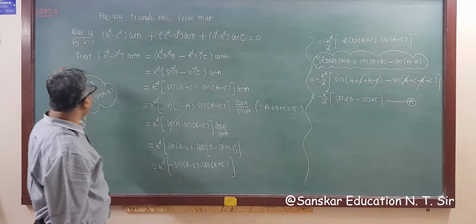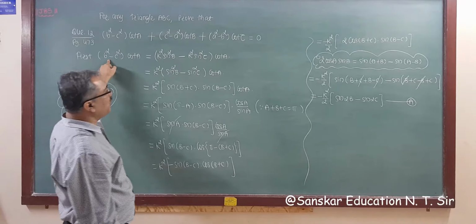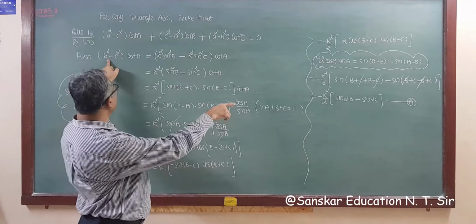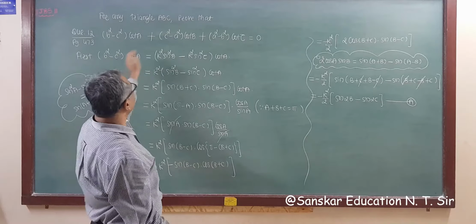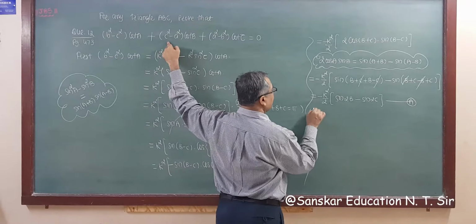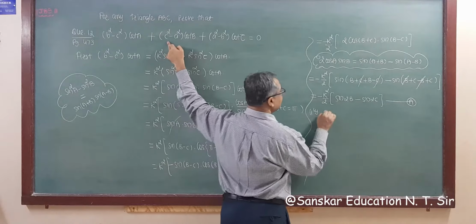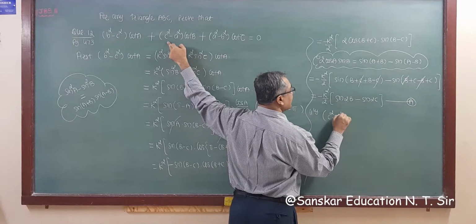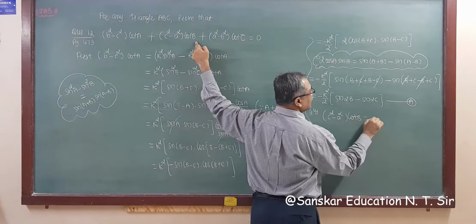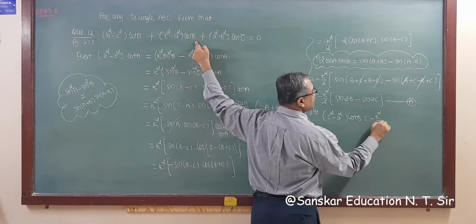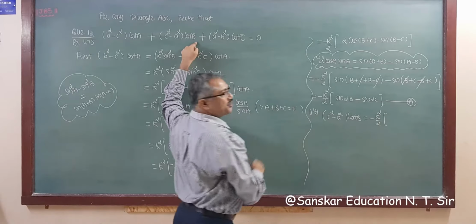So if we have b square minus c square cot A, then answer is minus k square by 2 into (sine 2B minus sine 2C). So similarly, if we take c square minus a square into cot B, then answer will be minus k square by 2. This is constant.